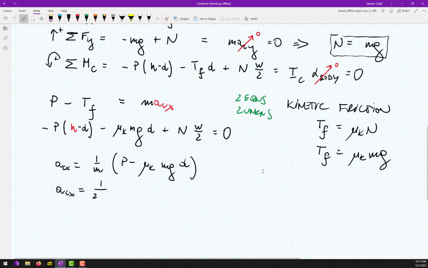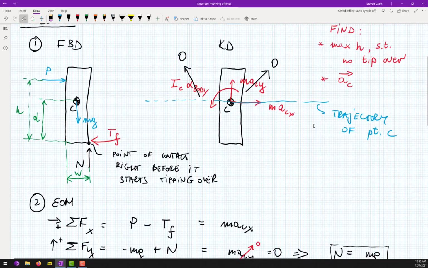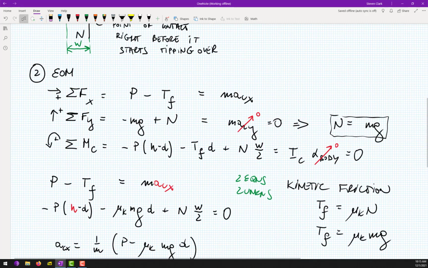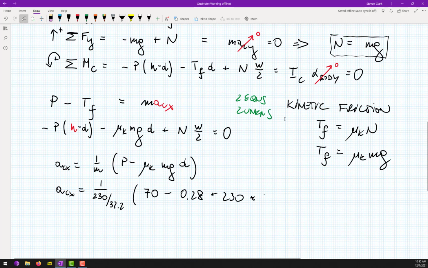Just to remind you that this is 230 divided by 32.2. Yes, we are in US units. That was 70, if I remember correctly. That was 0.28. This is 230. And D, I forgot how long was that? 2. Yeah, I made a mistake.